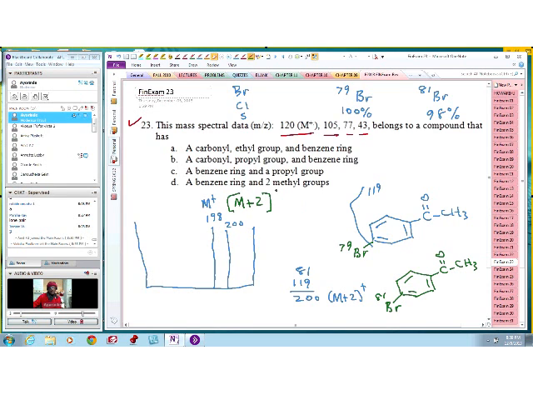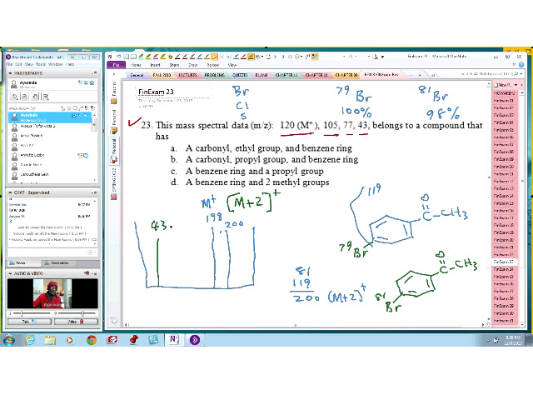So anytime you take a look at the mass spectrum of any molecule, you see an M+2 ion, which is almost the same intensity as your molecular ion. What that is telling you is that that molecule contains a bromine atom. Of course, all of the other ions will still be here.